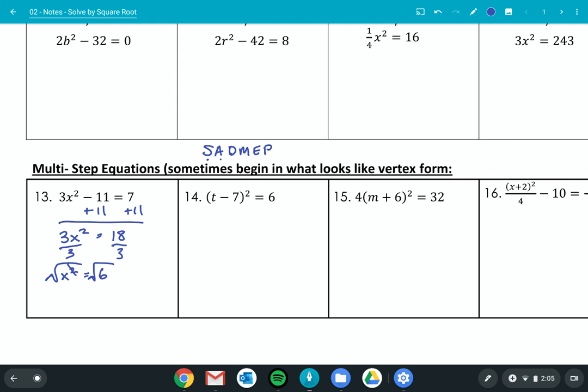If I ask myself what the factors of 6 are, it's 3 times 2 and 1 times 6. The only perfect square here is 1. Since 1 is the only perfect square factor of 6, nothing here can be simplified. So I'm just going to leave my answer as a square root, because we don't want to deal with decimals: plus or minus the square root of 6.